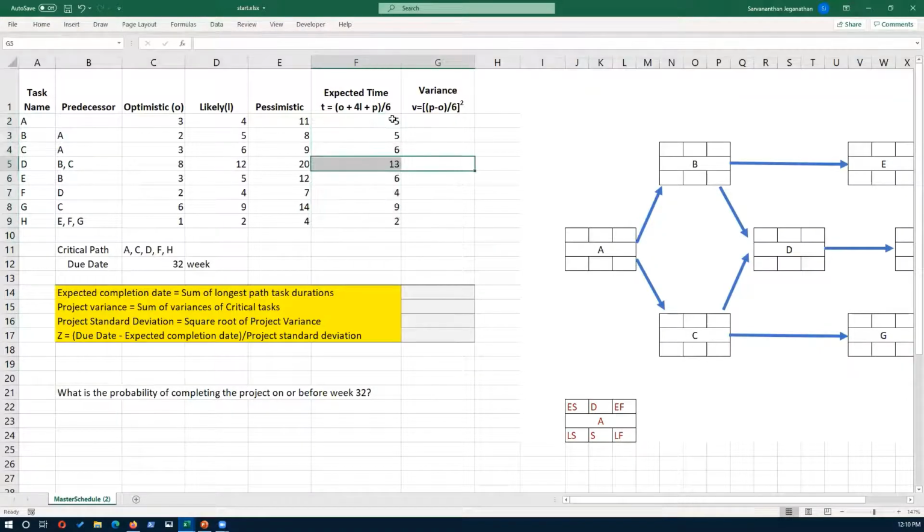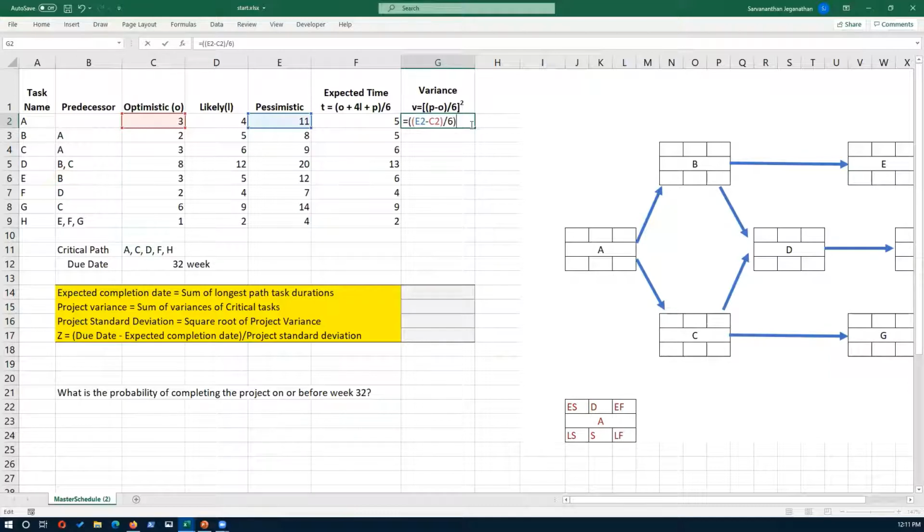So we have these as the expected time, and then the variance is calculated using this formula here. So let's type in the formula: pessimistic time minus optimistic time, and the whole thing divide by 6, and then we're going to raise that result by 2 to the power of 2.